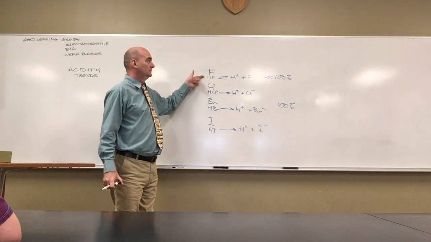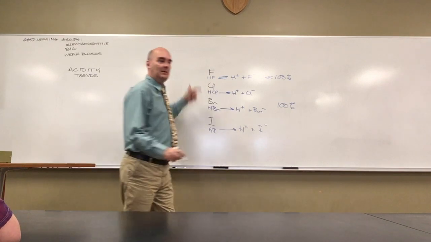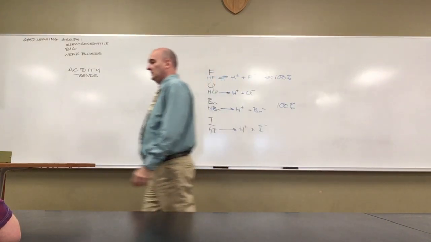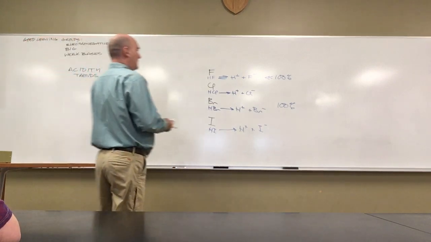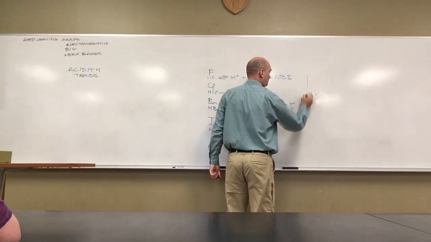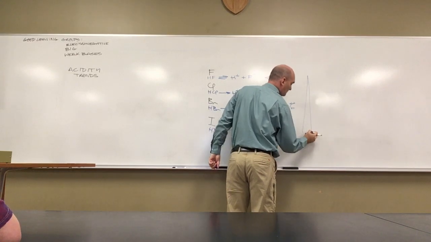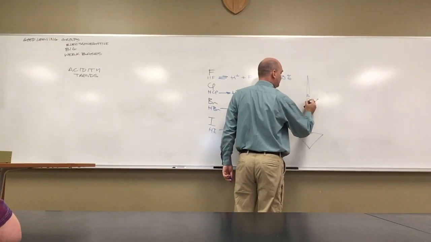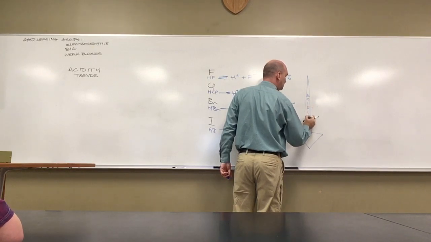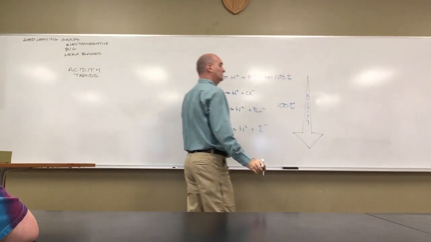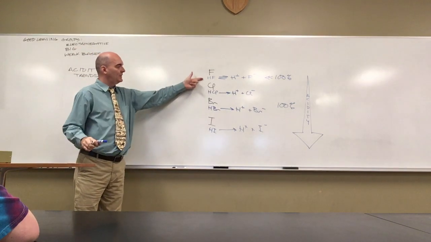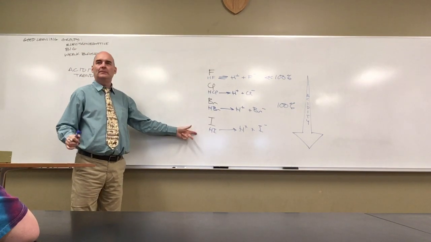That's the least acidic. So acidity goes this way. What is the reason that acidity increases down the group?